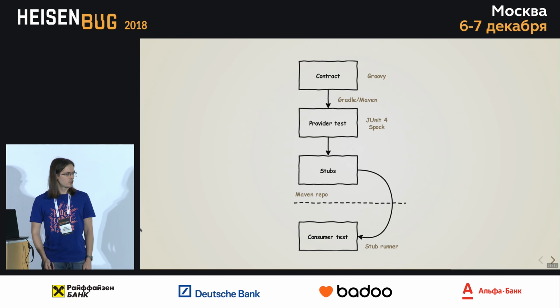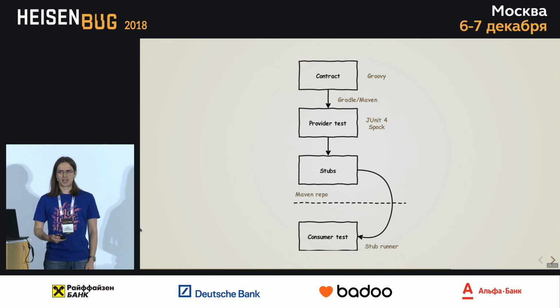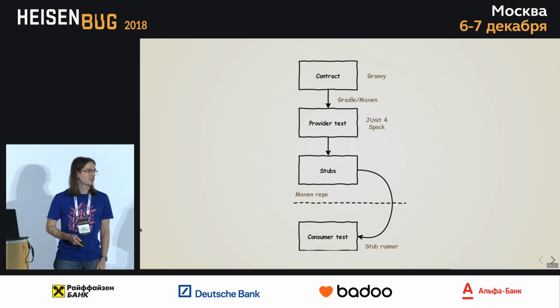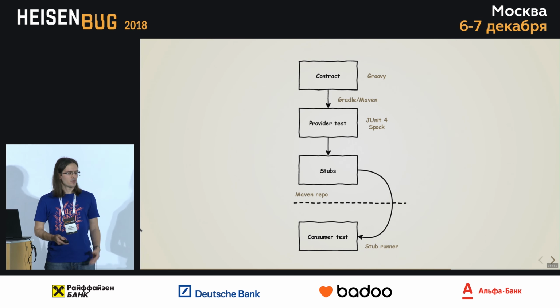And then on the consumer side, you get Stub Runner, a library from Spring. Stub Runner starts a fake server, downloads those stubs from the Maven repository, and can serve responses to your client. And what is funny in this Stub Runner is that normally how you use Maven is during your build.